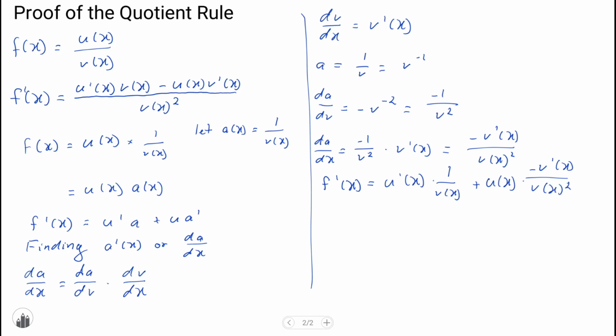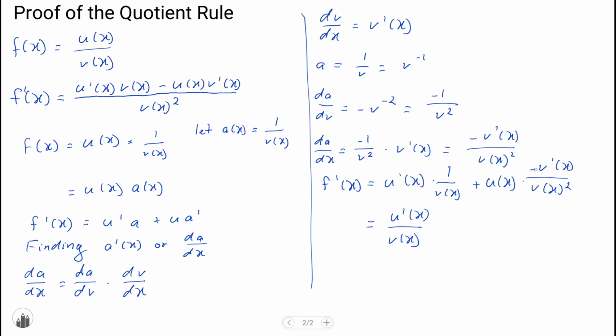Now you might be thinking, well, this doesn't look anything like what we need, but it actually already is exactly the same thing. It's just not in the exact same form as we are used to. So let me just rewrite this a little bit. This becomes u dash of x over v of x. Now I'm going to take everything that's multiplied here by the negative v dash of x.